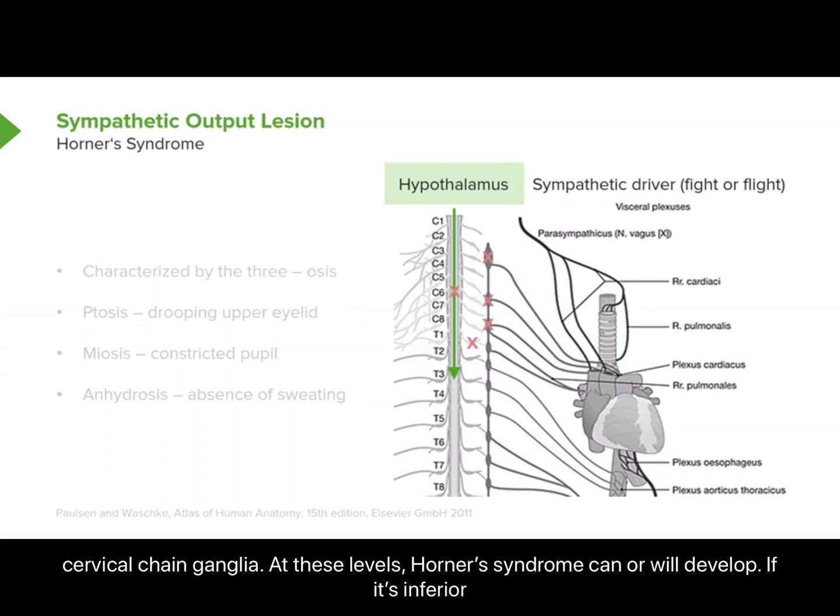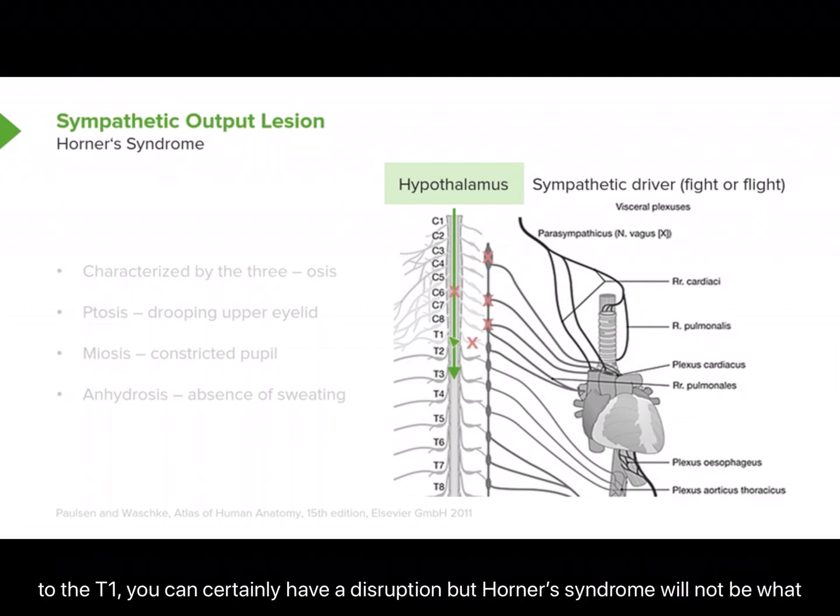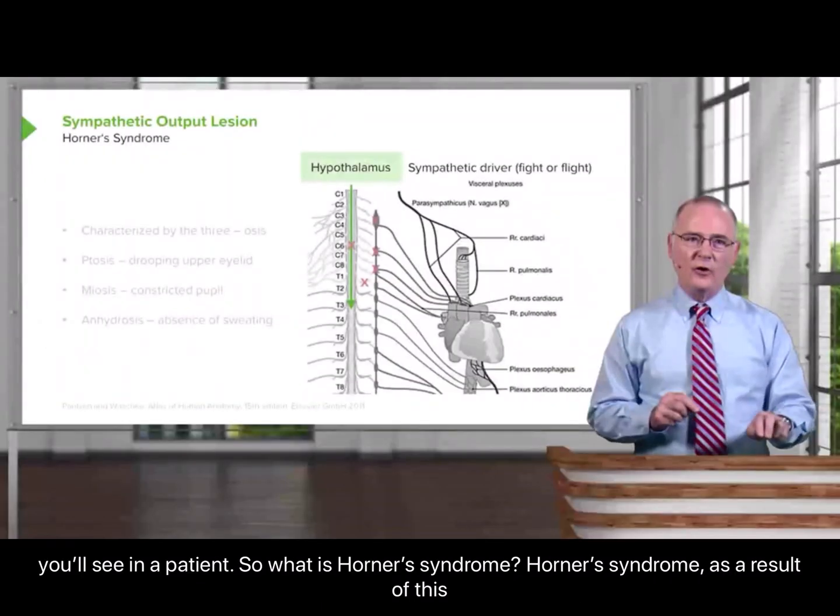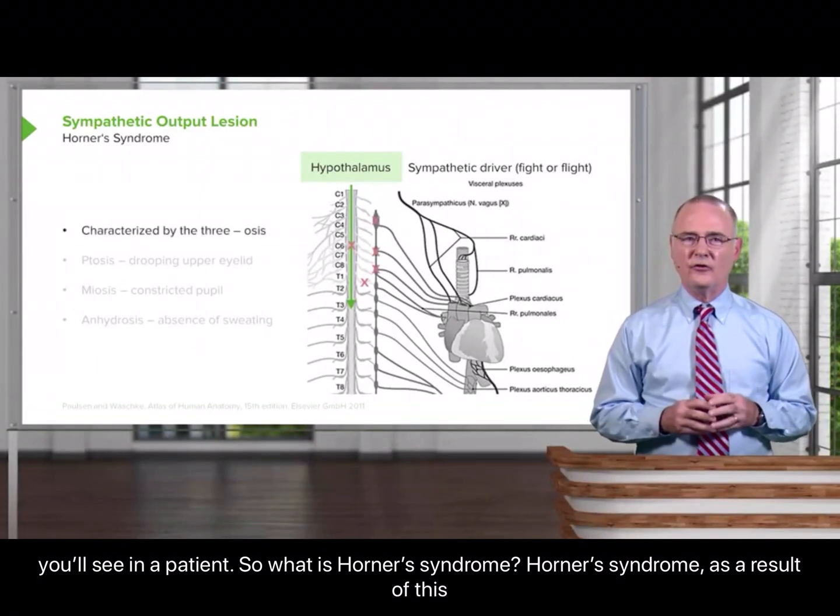At these levels, Horner syndrome will develop. If it's inferior to the T1, you can certainly have a disruption, but Horner syndrome will not be what you'll see in a patient. So what is Horner syndrome?